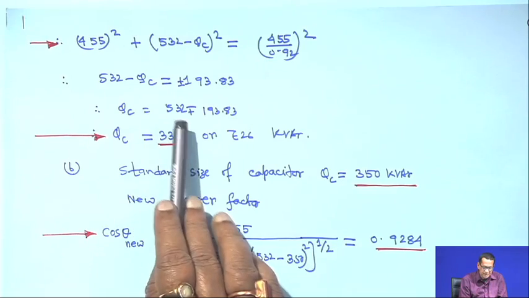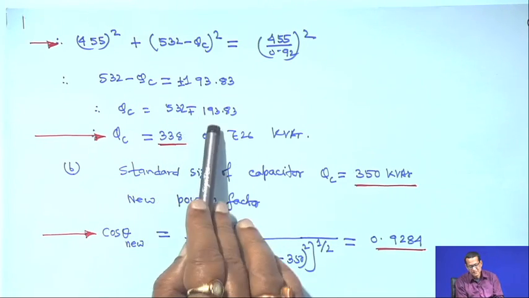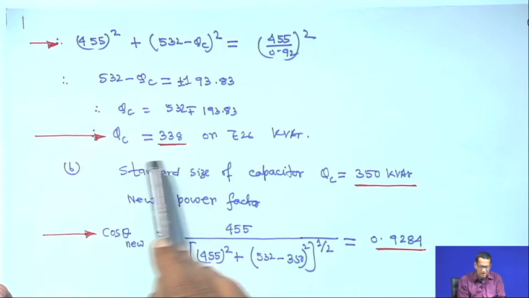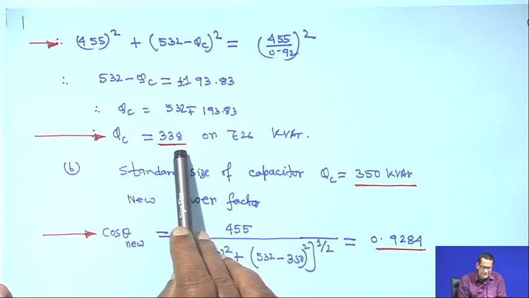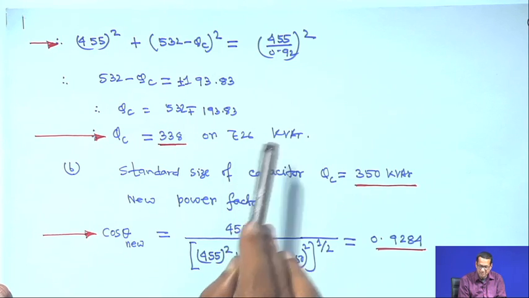Changing the sign, you will have two values: QC will be 338 or QC will be 726 kilowatt.